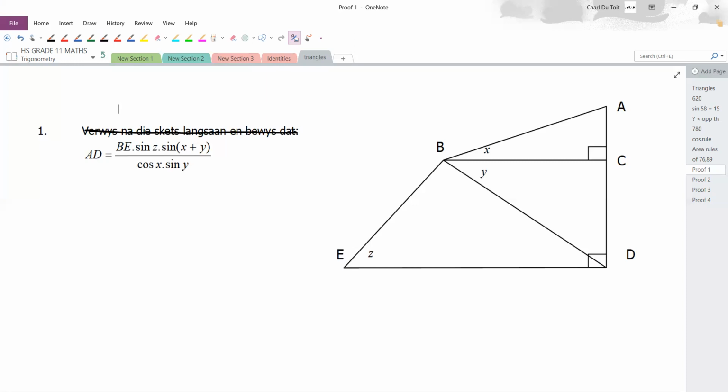Just do that drawing so that you actually have something to work with. Prove that blah blah blah. I'm doing the drawing, sir.